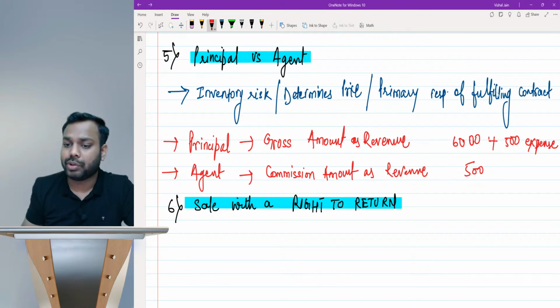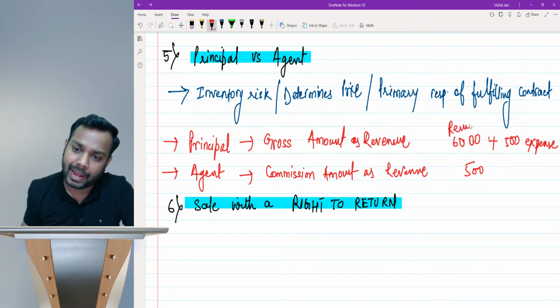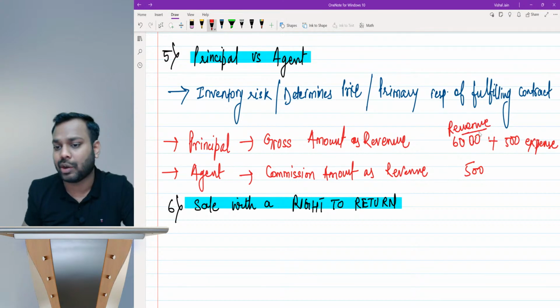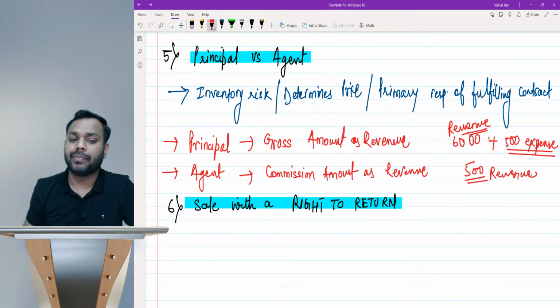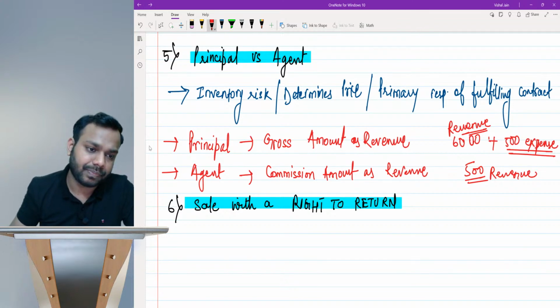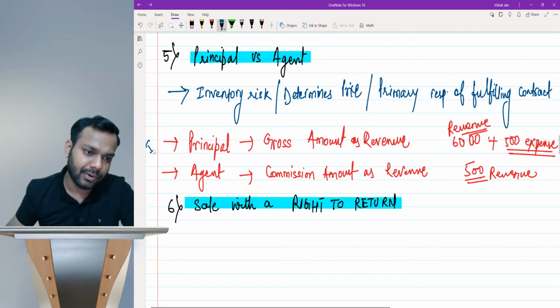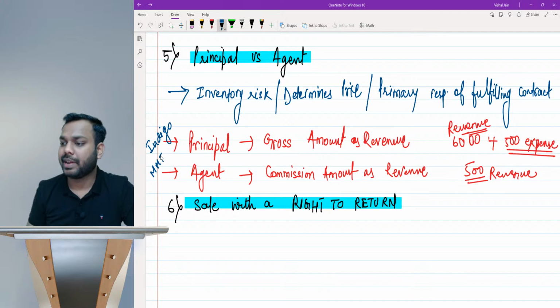So the revenue that will be recognized by the Indigo is 6,000, and 500 will be recognized as an expense, and this 500 will be recognized as revenue by the Make My Trip. I'll write here, this is Indigo, and this is Make My Trip. Is that clear, guys?